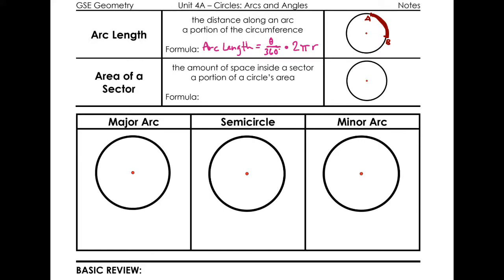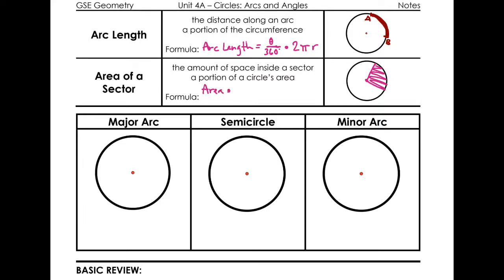And the area of a sector formula is very similar in the sense of what we're doing. We're taking a fraction, so a portion, of the circle's area. What if we don't want to know the entire area inside? We just want to know this piece. Maybe this is our pizza, and I want to know what portion of the pizza my sister ate. I can figure that out with the area of a sector formula.